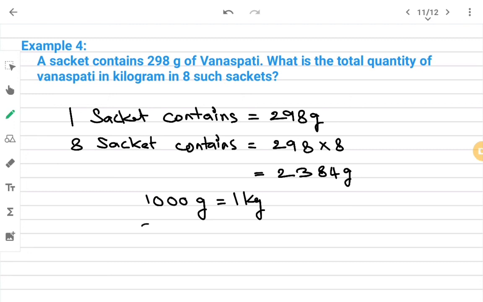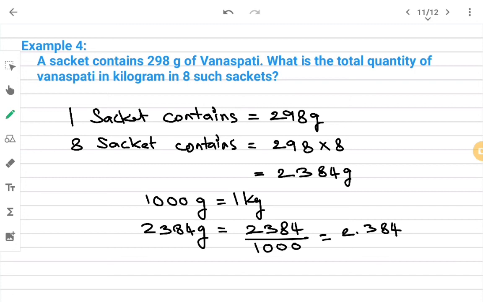Therefore 2384 gram is equal to, here smaller unit to larger unit, so you have to divide. 2384 divided by 1000 will give you 2.384 kilogram. Have you understood this?